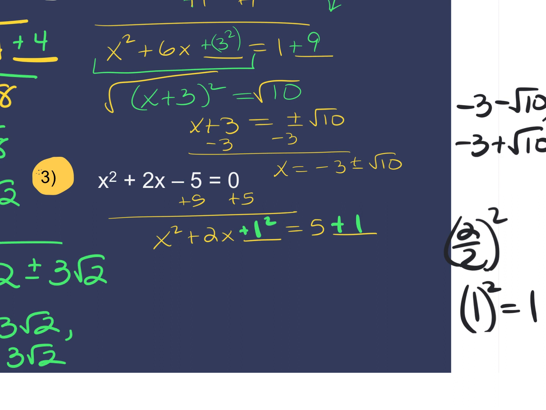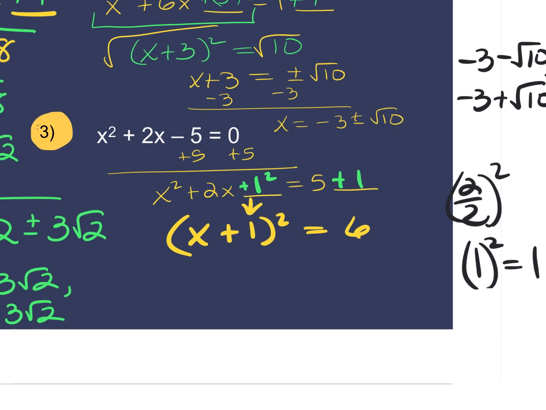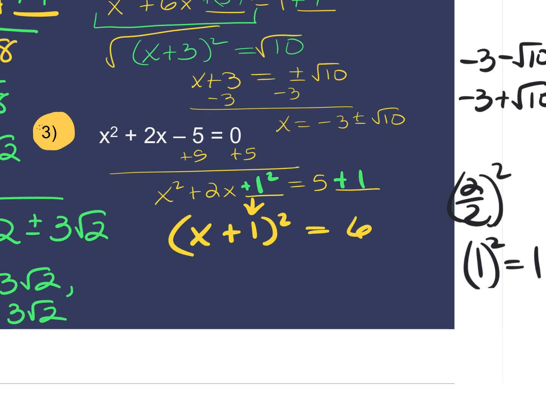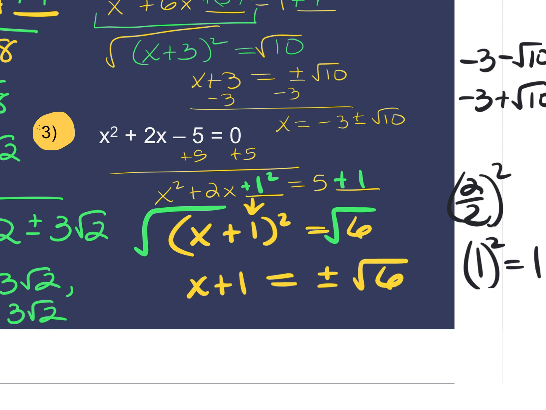You could just put it in as a plus 1, but again, if you're thinking on using that as your trick to factor, then you just take that 1 squared, put it there, but surround it with parentheses, and then you'll do 5 plus 1, you get 6, and now we need to square root both sides. The square rooting the square just makes that x plus 1 come out, and then now plus or minus the square root of 6.